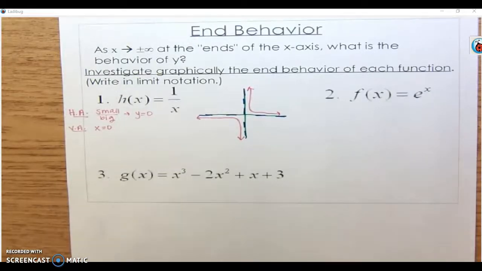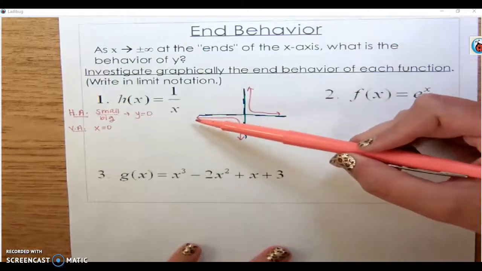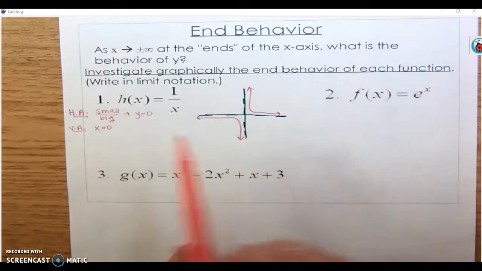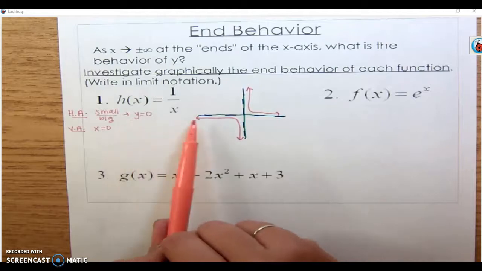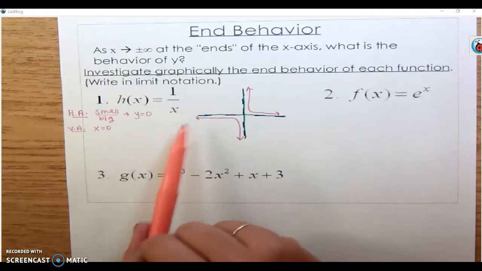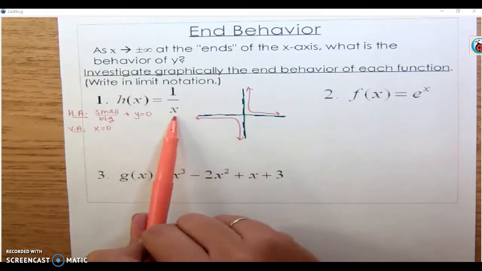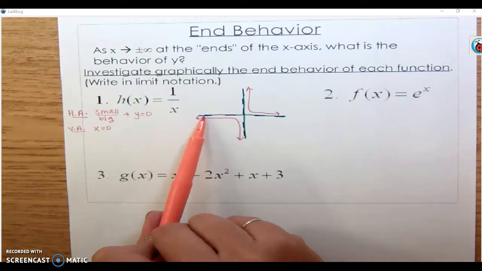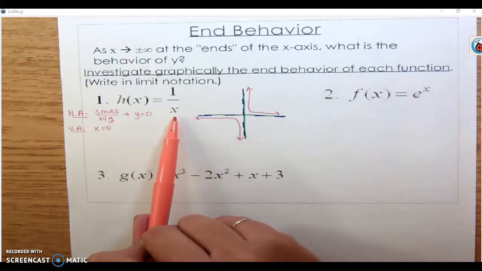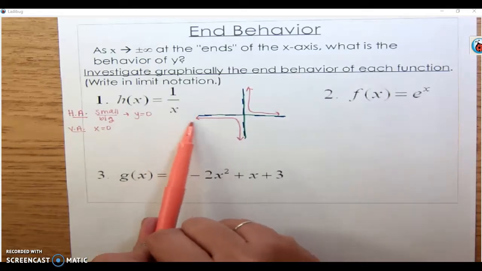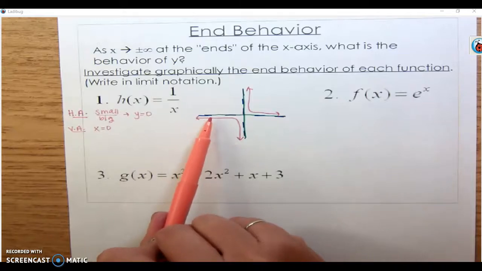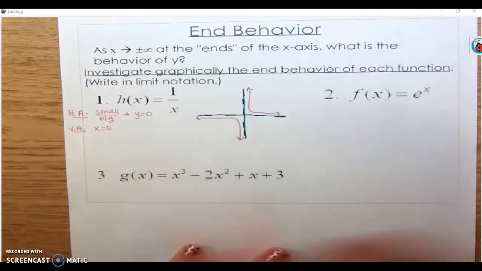So on the left part of the graph, if you notice, this graph keeps going this way forever. Because there's an asymptote there, it's getting closer and closer to that asymptote, which is at 0. It never touches it, but it gets closer and closer. So this end behavior, this line, is going closer and closer to 0, okay?